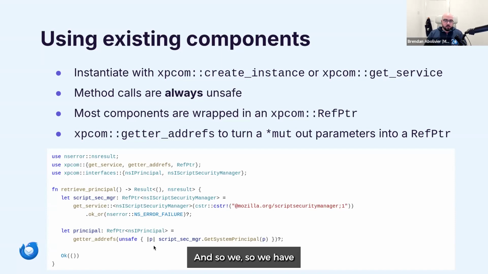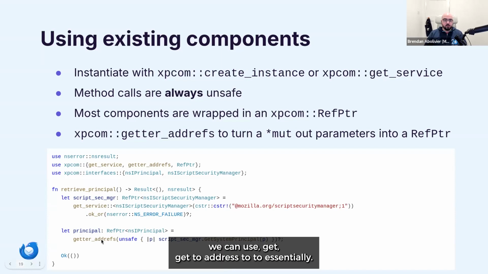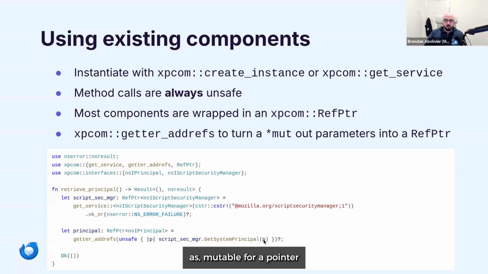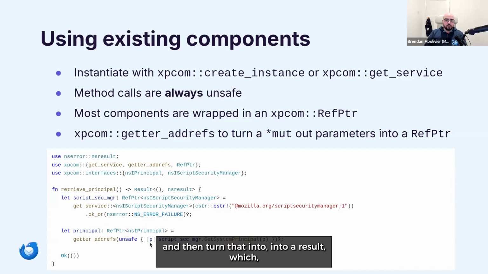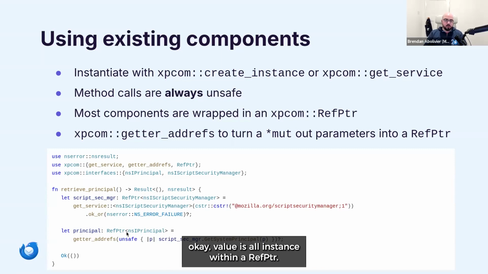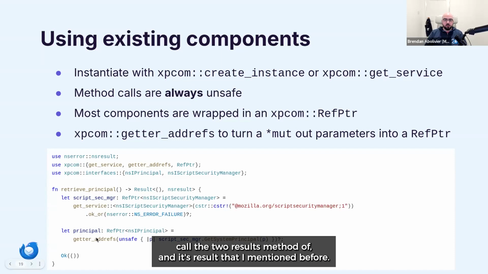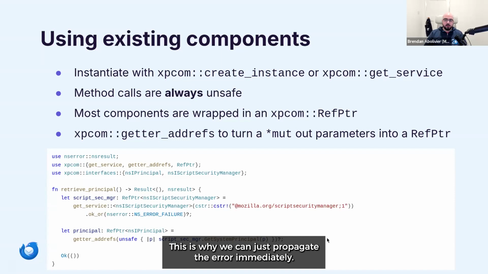And so we can use a getter address to retrieve the value that we want as a mutable raw pointer, and then turn that into a result whose value is our instance within the RefPtr. That function already does call the to_result method of nsresult that I mentioned before. This is why we can just propagate the error immediately.